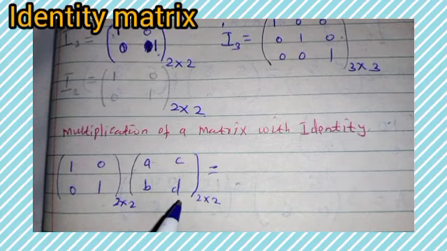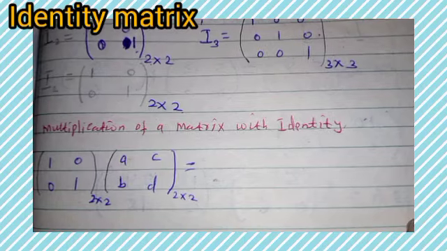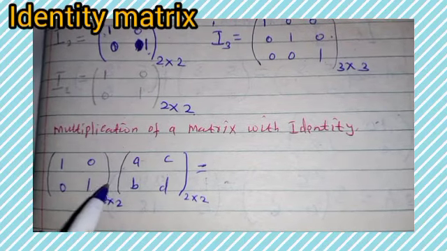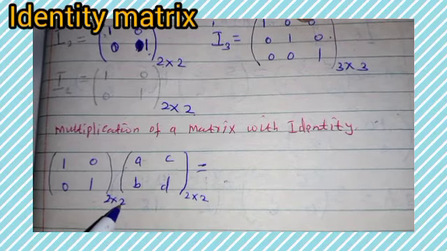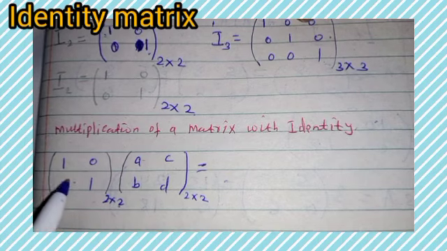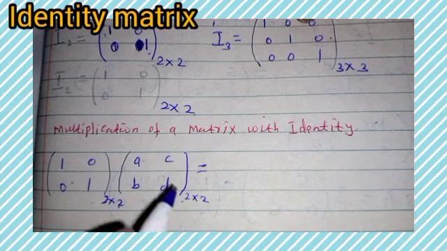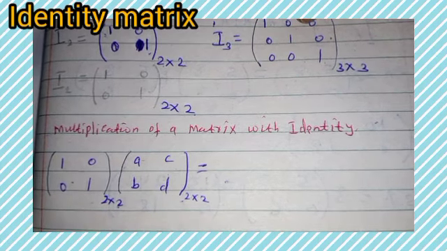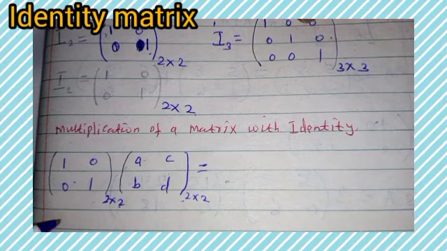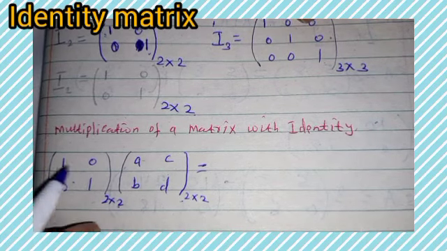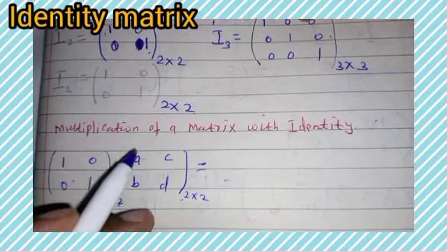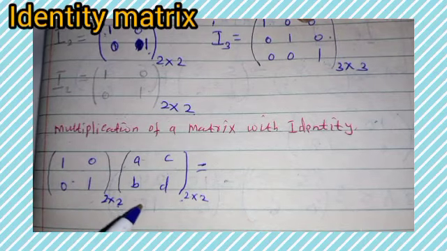So the matrices are compatible. They can be multiplied because the number of columns of the first matrix is equal to the number of rows of the second matrix. To multiply, we take the row of the first matrix with the column of the second matrix to get the first element.